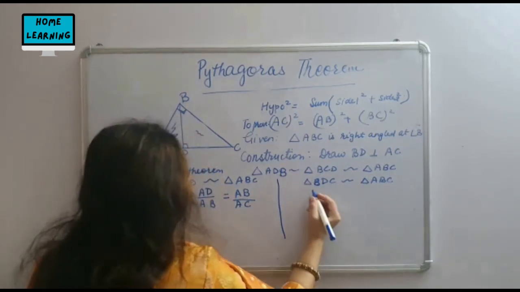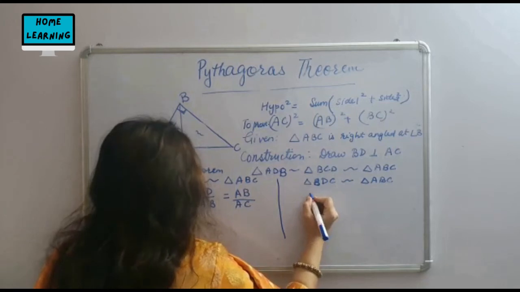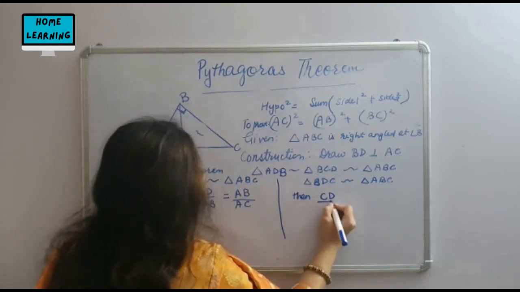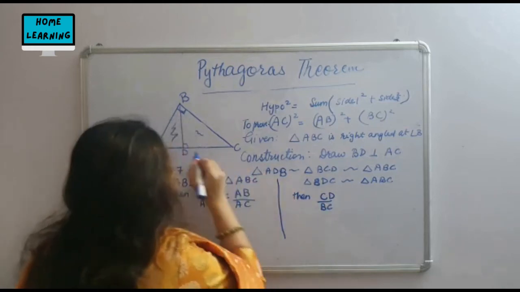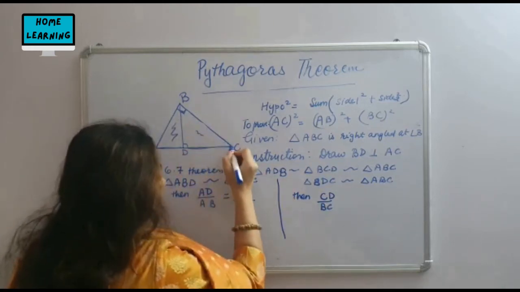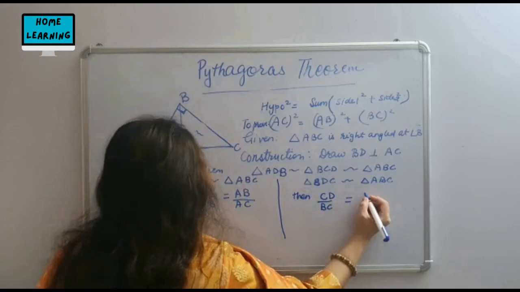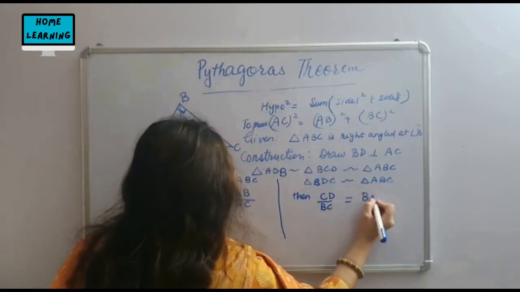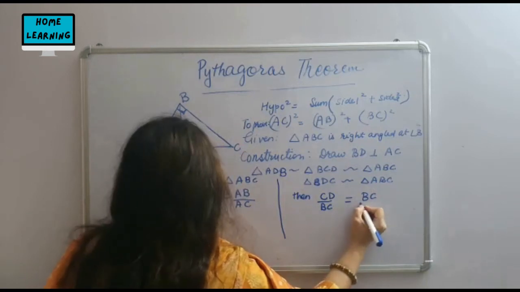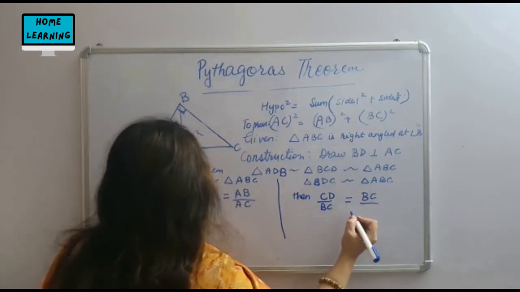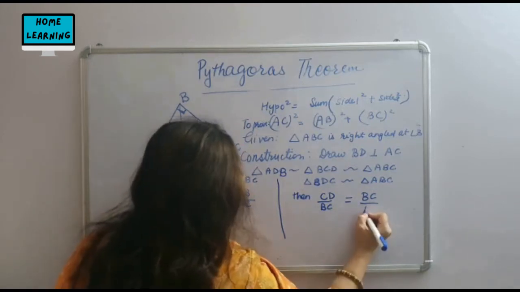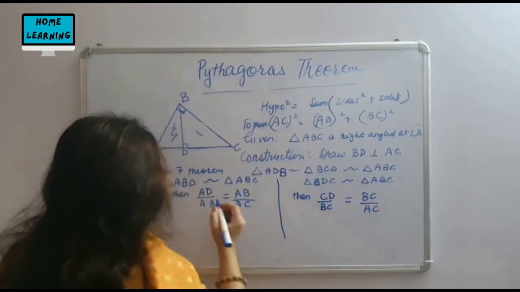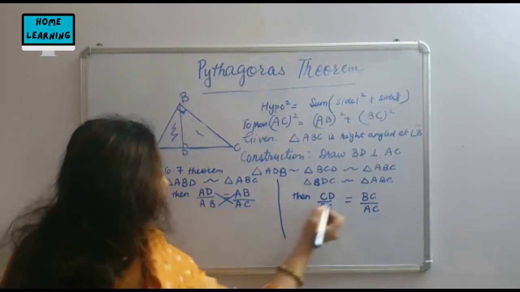Similarly, here CD by BC is equal to BC by AC. Now cross multiply these.